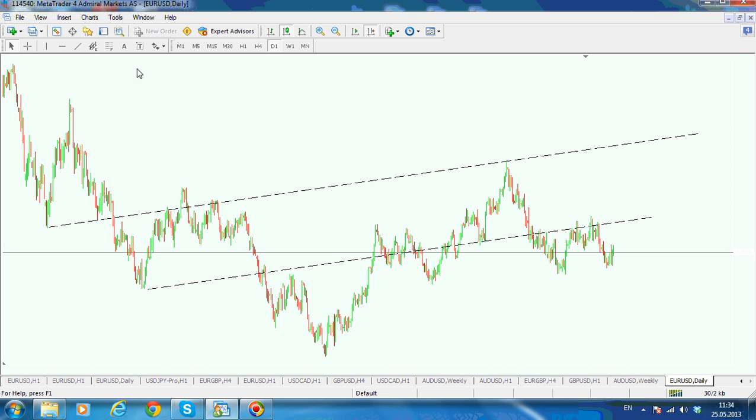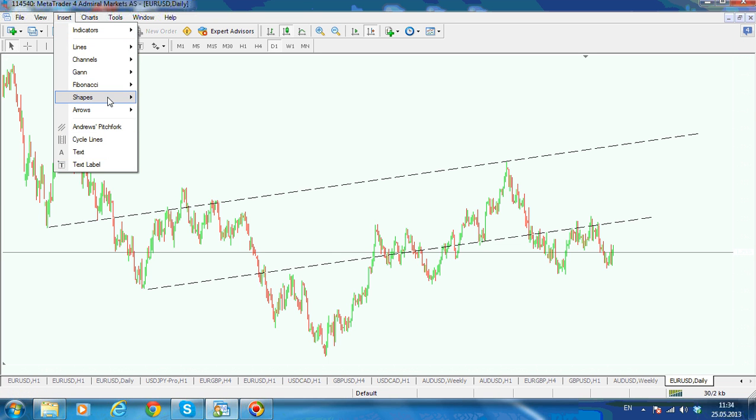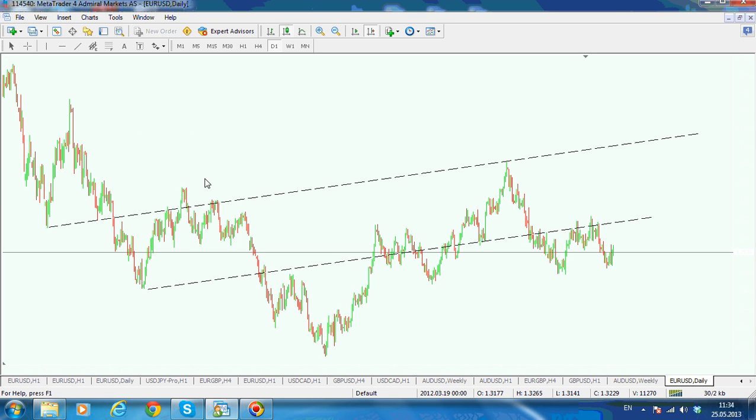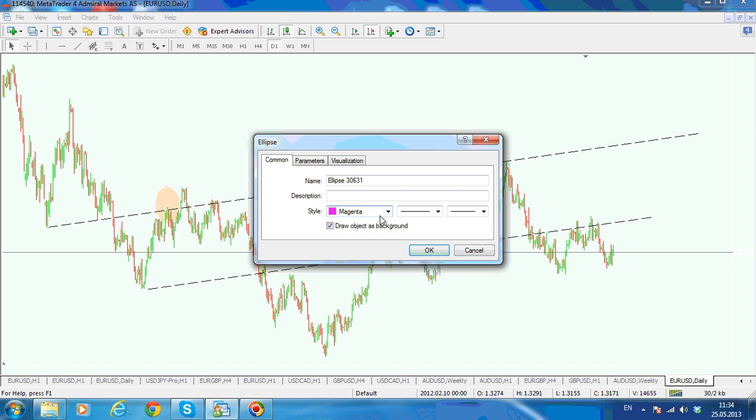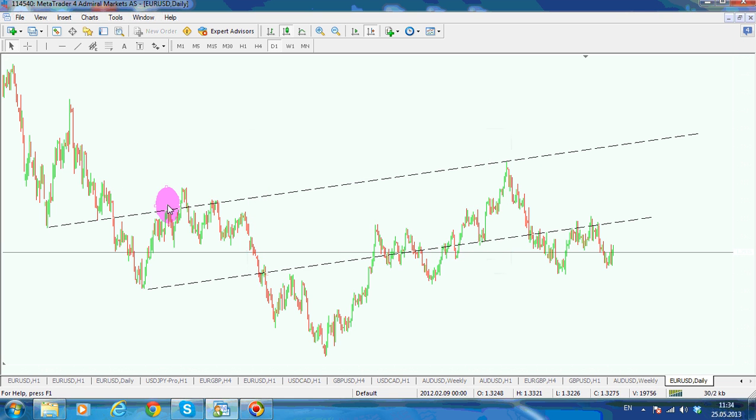So I would say that this is the first area of resistance, second one, and the third time.